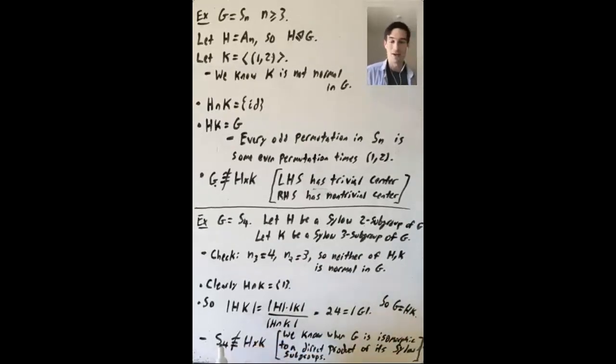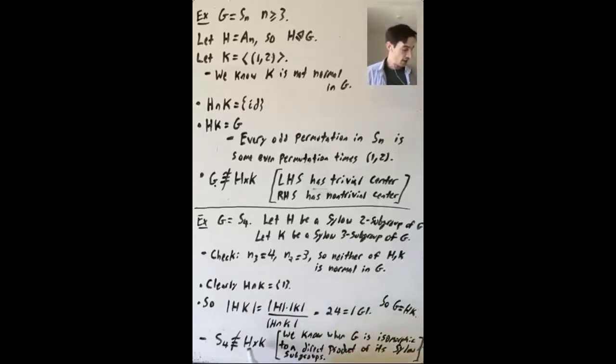Okay, so now what can we say about the product set HK? Well, how big is it? The size of HK is the size of H times the size of K over the size of the intersection. So if the size of the intersection is 1, the size of this product set is 8 times 3 is 24, which is the size of all of S4. So that means that S4 is equal to HK.